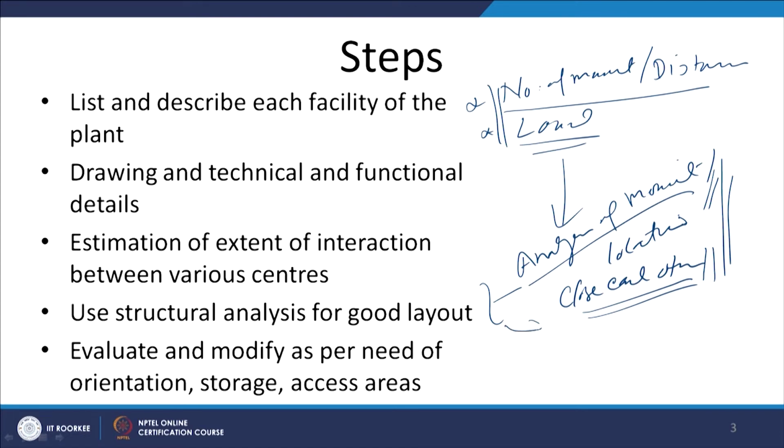We identify the kind of the total cost or the movement which will be needed. We can work on, if you are not happy, we can further revise the tentative locations to see what will be the best possible kind of arrangement, so that the distances to be travelled are minimized.